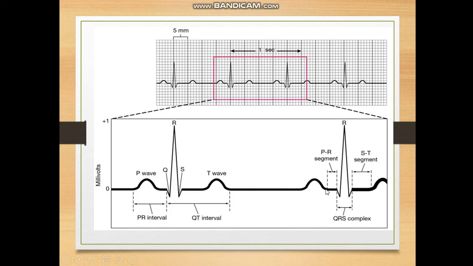The end of the P wave to the start of the Q wave is the PR segment. Then this segment is very important, at the end of the S wave and the start of the T wave. The ST segment is a very significant part of the ECG because its elevation and its depression both are diagnostic. Then this is the QRS complex. See, this is the graph paper, and the waves are depicted in such a manner.